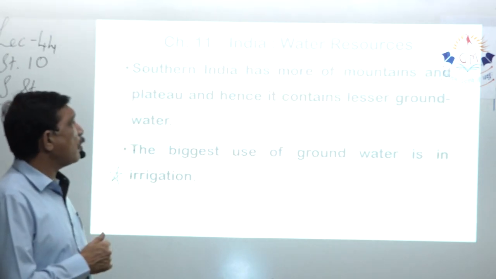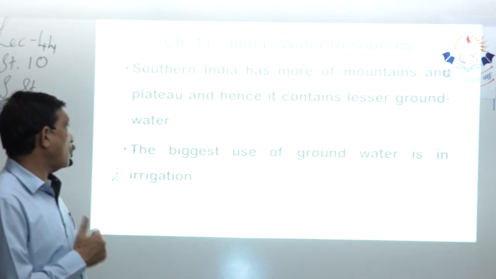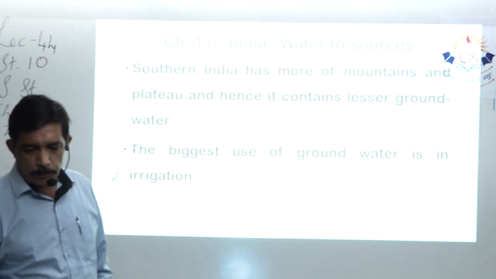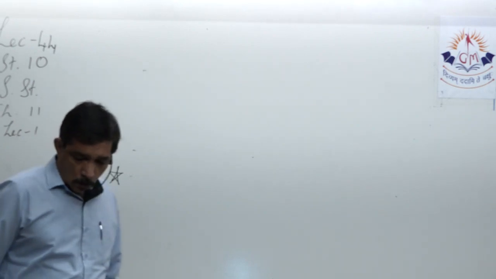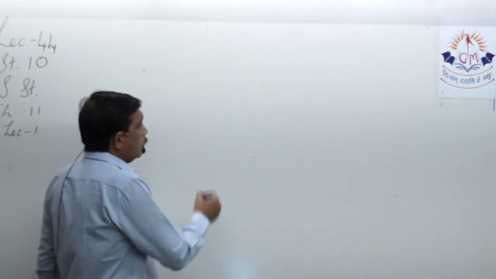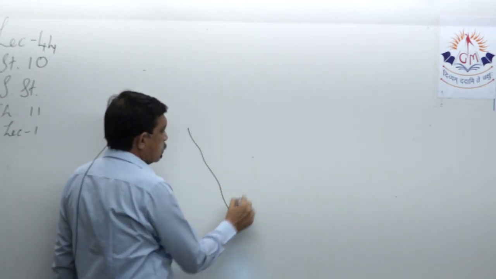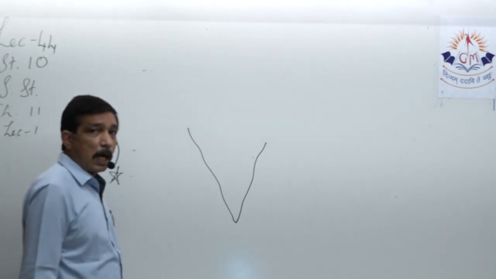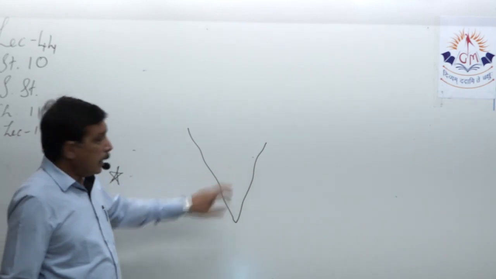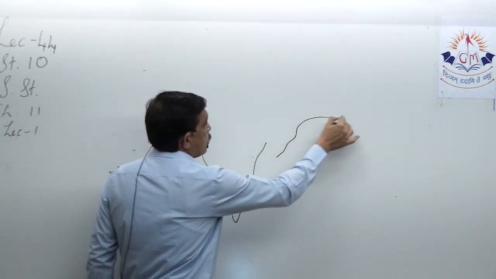Southern India has more of mountains and plateaus, and it contains less groundwater. Now this is something to understand. Southern India is a peninsula, but this peninsula is also a little bit raised up.